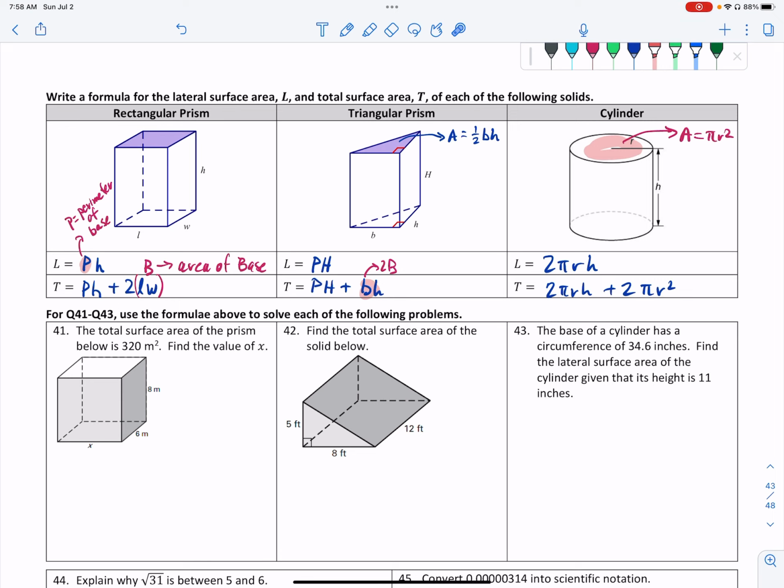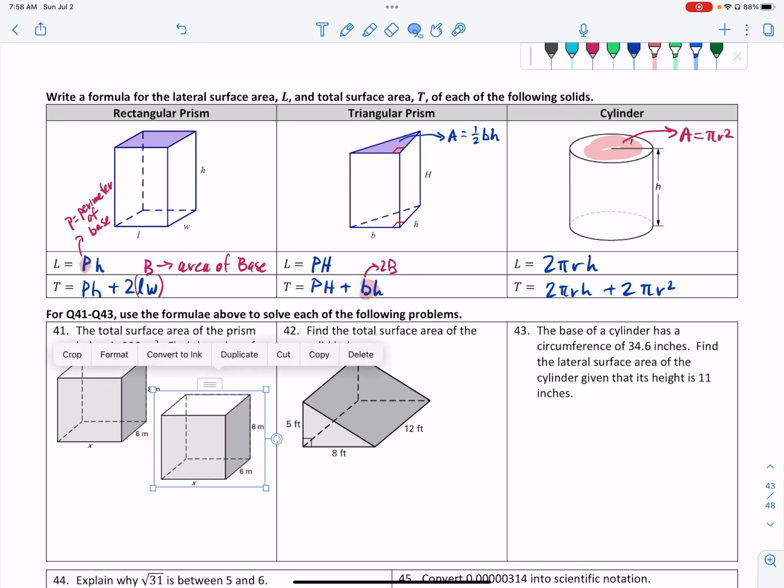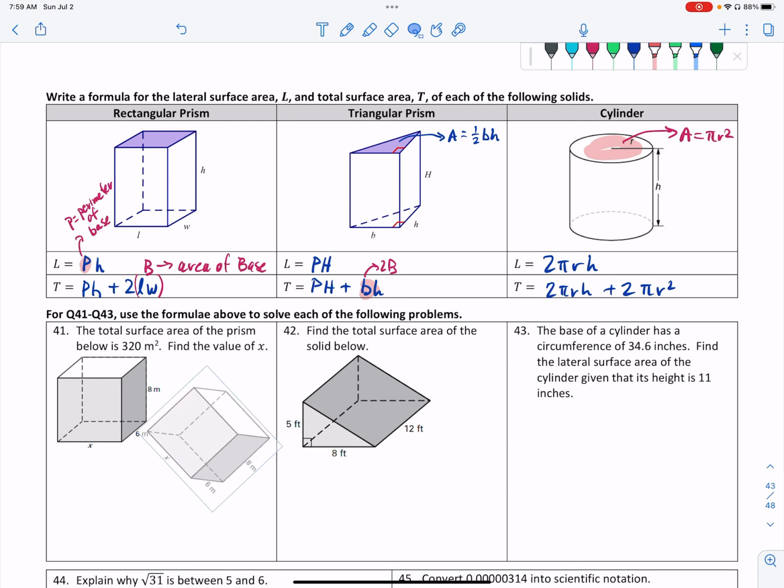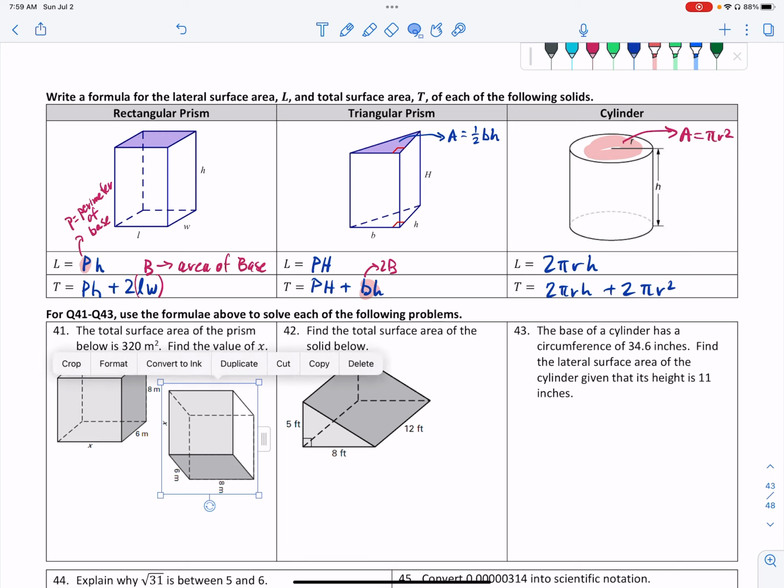So what I'm going to recommend that you do, I'm going to steal this picture right here as a hint. Let's copy and let's paste. And instead of looking at it like that, you don't have to physically rotate it, you can rotate it in your head.